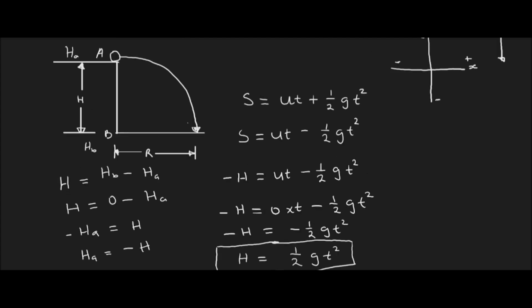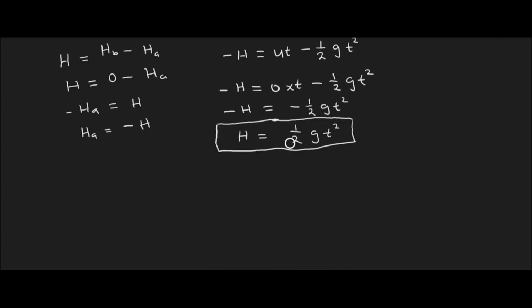Also, if you want to calculate the time taken by the object from this point to this point, what we just have to do is rearrange this equation. The first thing that we should do is multiply both sides of the equation by 2.